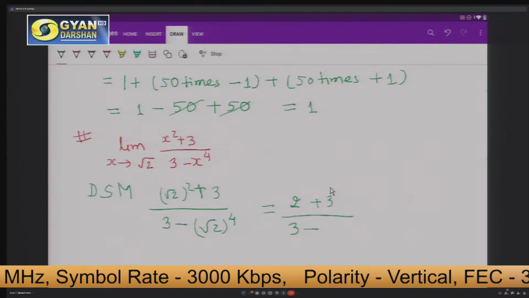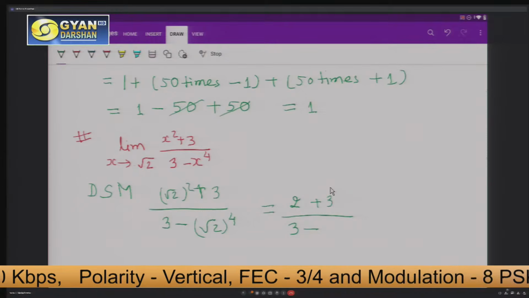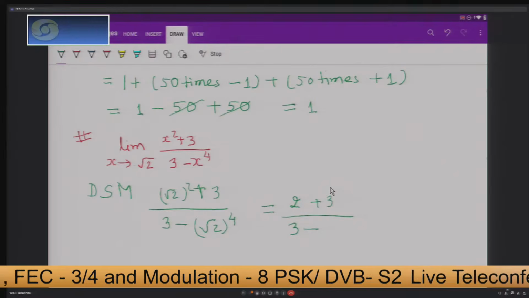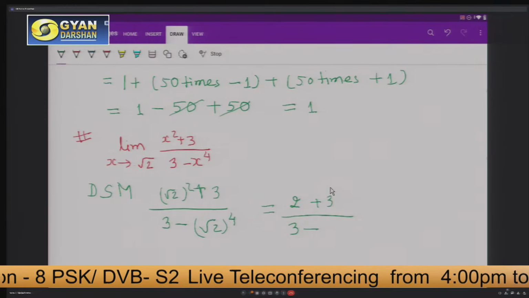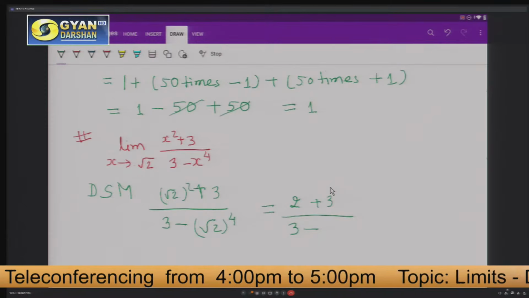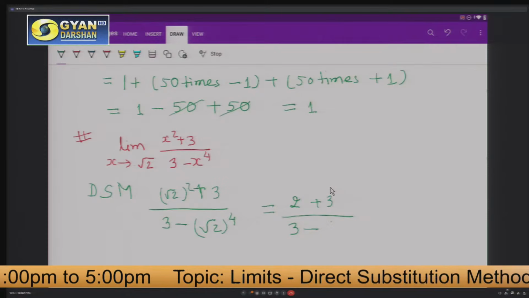So root 2 square will be 2, and 2 square will be 4, so 3 minus 4.